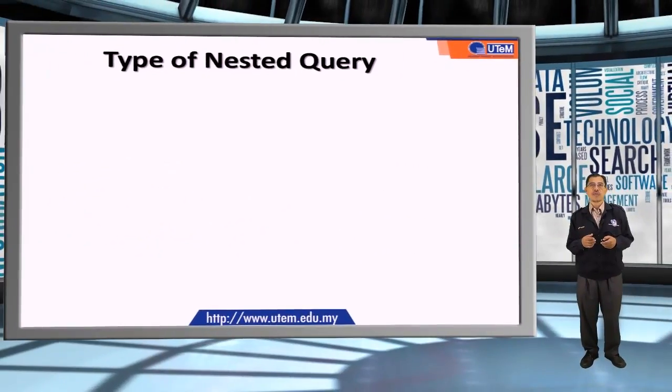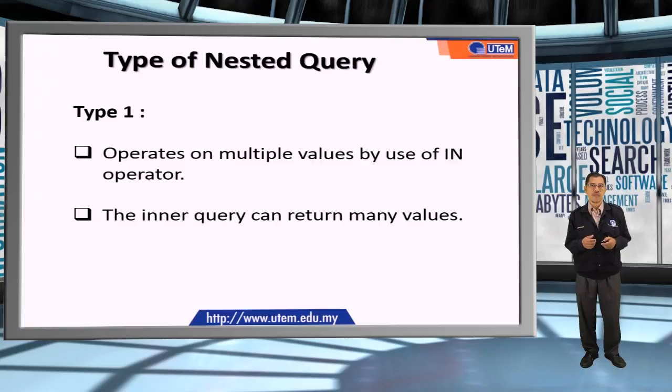There are several types of nested query. In this lesson, we will look at three types of nested query. The type 1 nested query operates on multiple values by the use of an IN operator. In this type, the inner query can return many values.